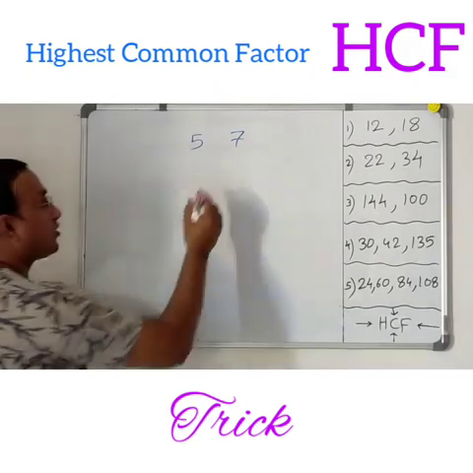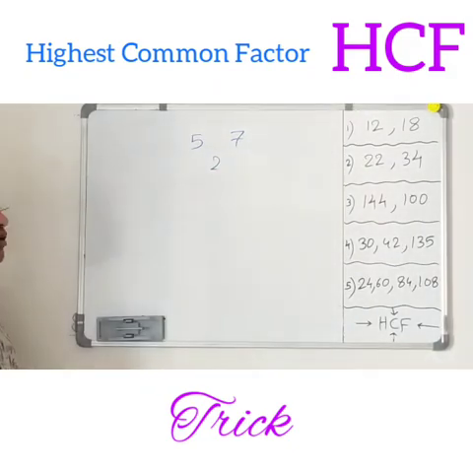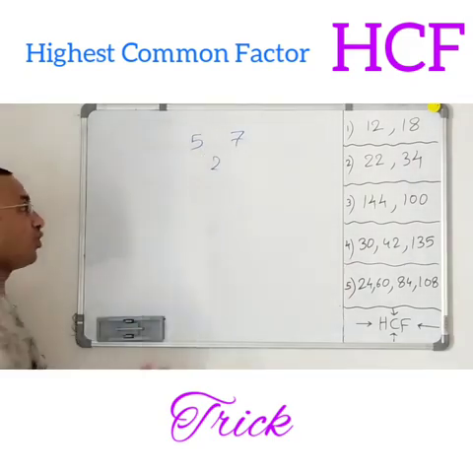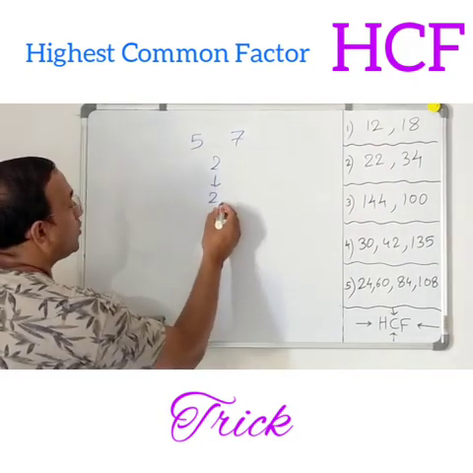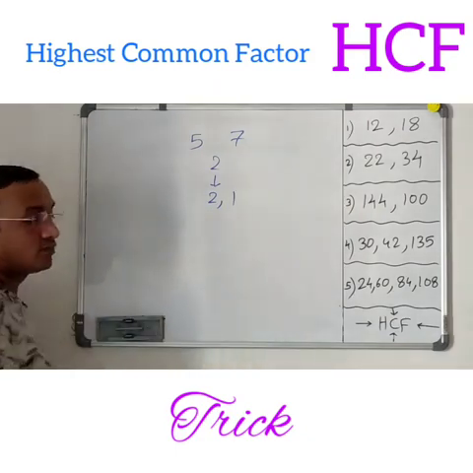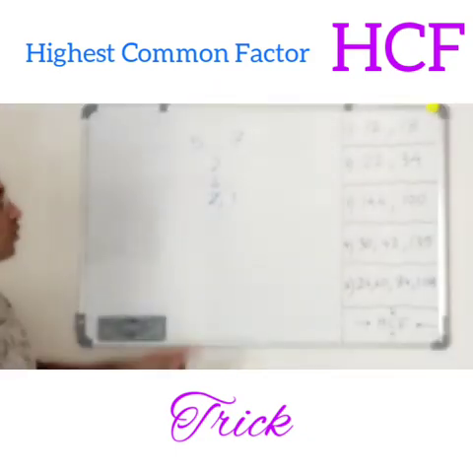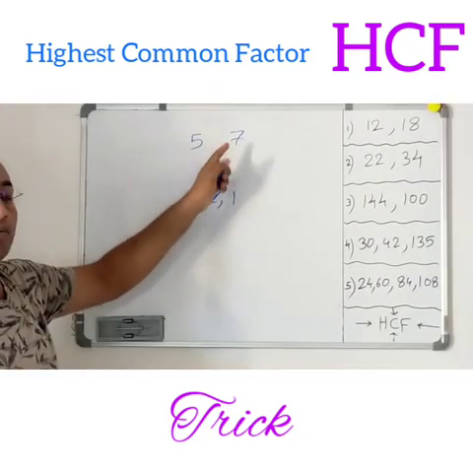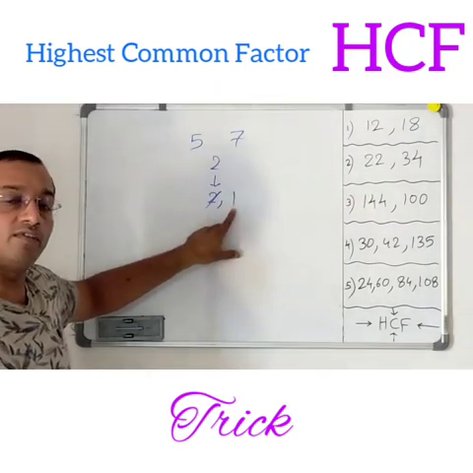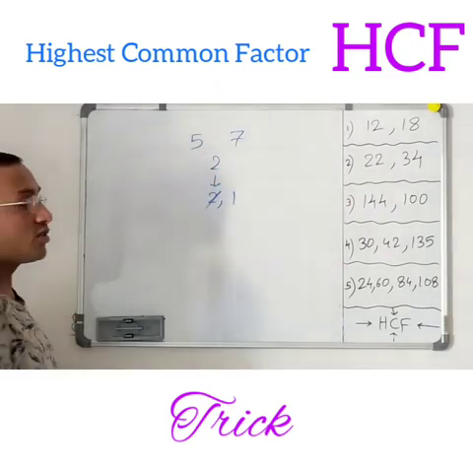What is the difference, friends? 2. Does 2 divide both of these? No. So what are the factors of this, friends? In descending order we write 2 and 1. As 2 doesn't divide, what is left, friends? 1. 1 divides 5 and 7. Of course, 1 is a universal factor for every number. Therefore the HCF of these 2 is nothing but 1.